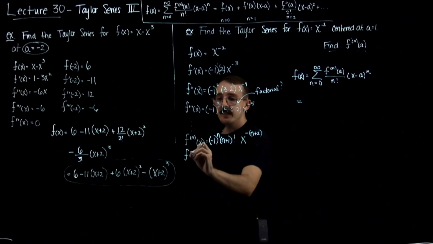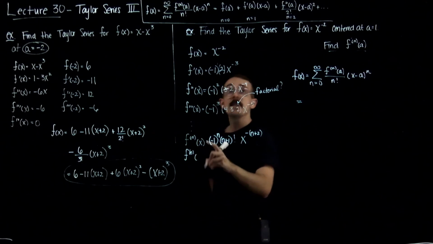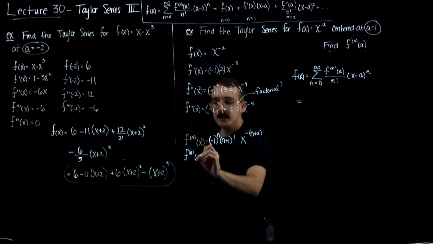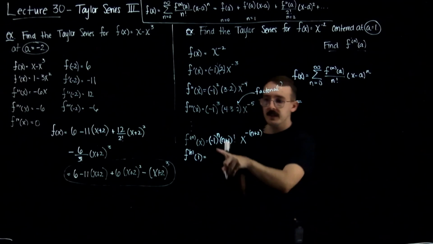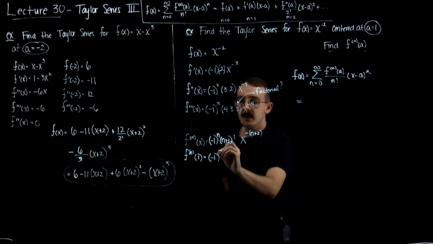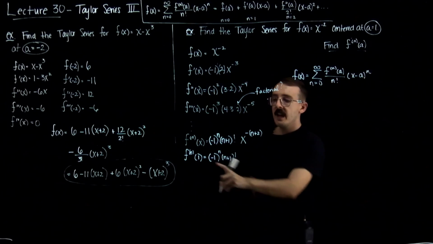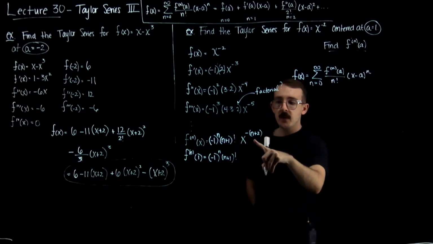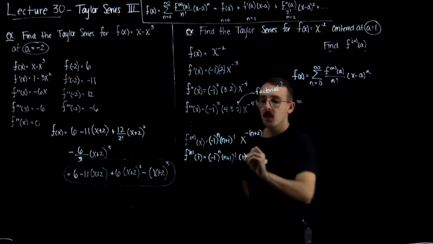All right, but now I'm ready to fill this in. What is the nth derivative? And the center this time is 1. What is the nth derivative at 1? Let's plug it in. 1 is an x value here, so this is negative 1 to the n plus 1 factorial. If you plug in 1, 1 to any power is just 1.